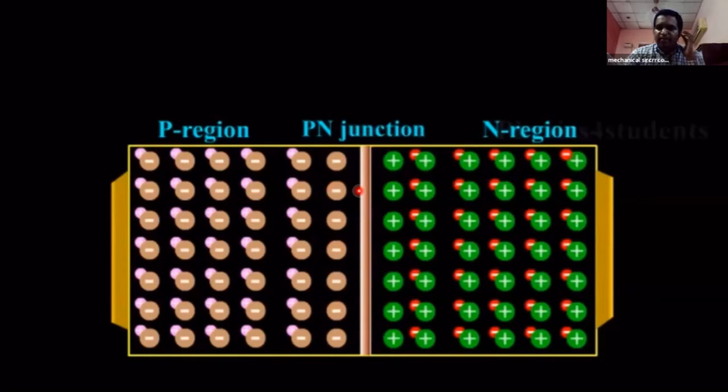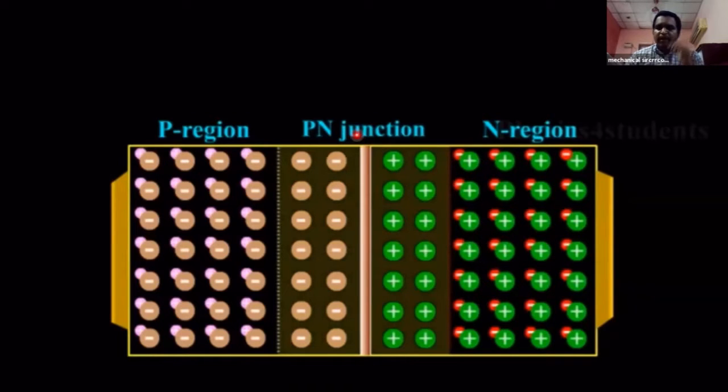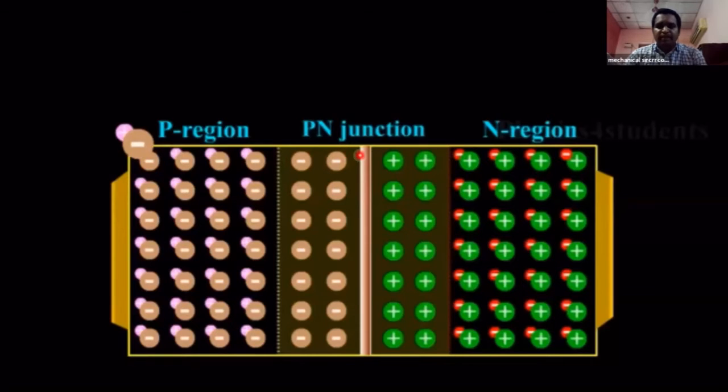This causes a potential difference at the junction. This region is called the depletion region because it is depleted of electrons and holes. A potential difference exists at the junction of this PN junction.